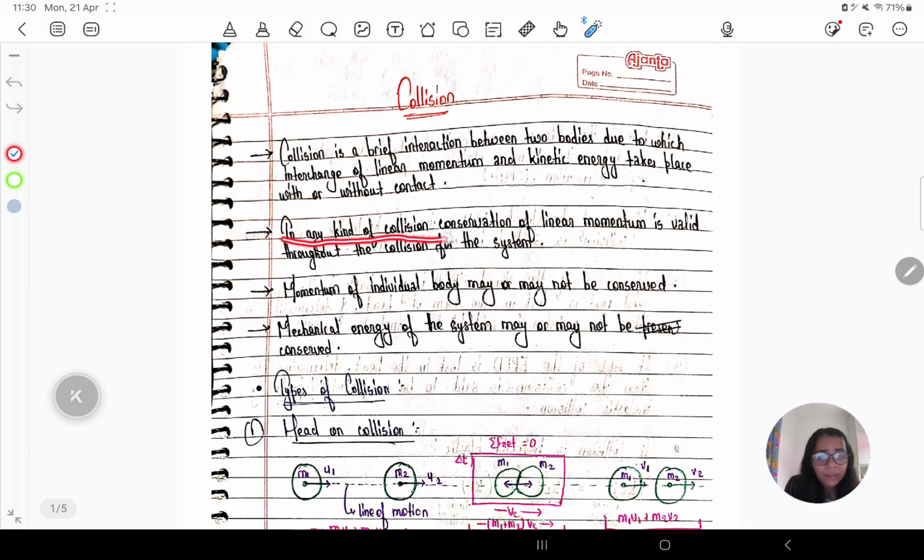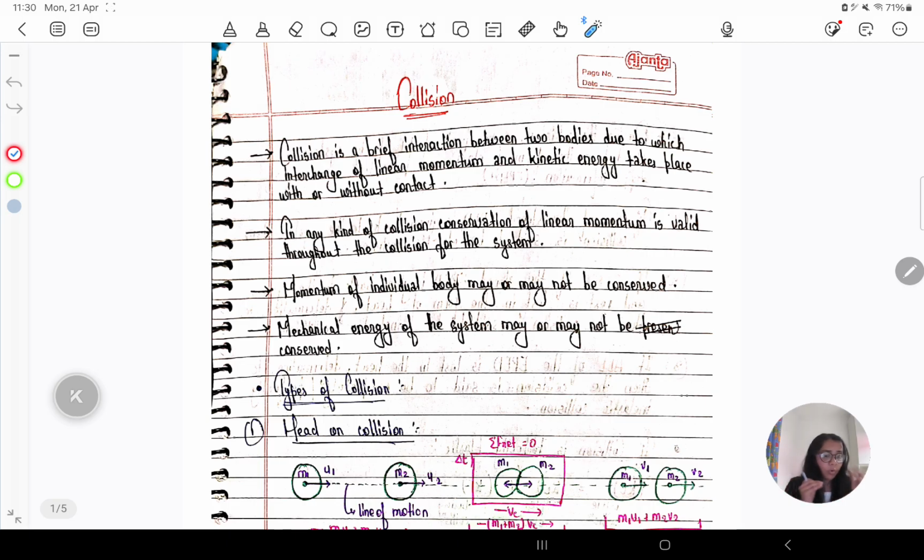Now, in any kind of collision, conservation of linear momentum is valid throughout the collision for the system. Whatever the type of collision is, however two bodies are colliding or three bodies are colliding, for the system of particles during collision, after collision, before collision, the conservation of linear momentum is valid.